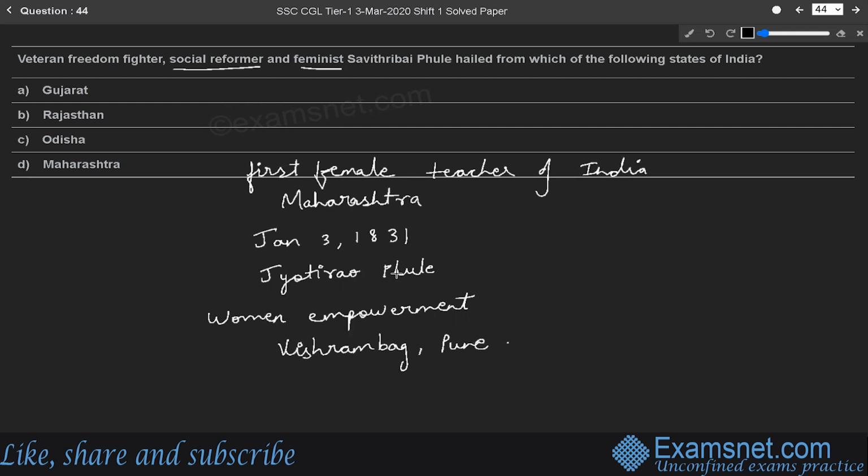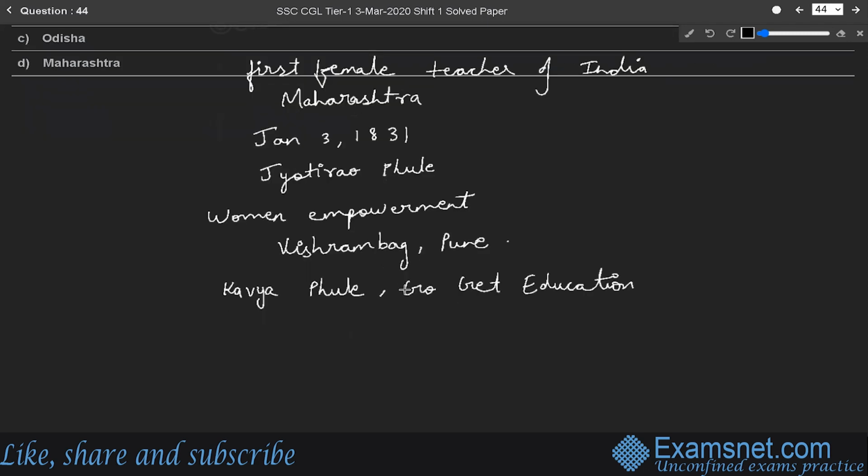She also wrote many things, and the popular writings are Kavya Phule, Go Get Education, and Bavan Kashi Subodh Ratnakar. These were the main writings of Savitribai Phule.